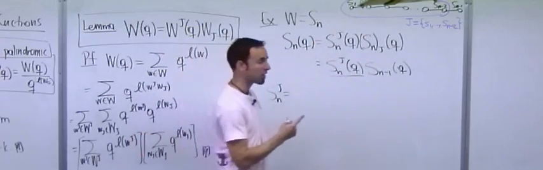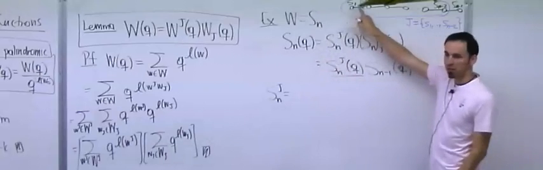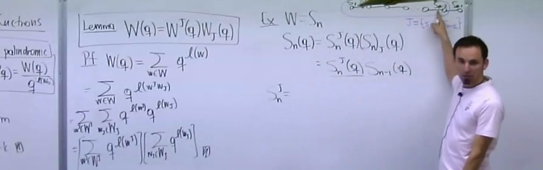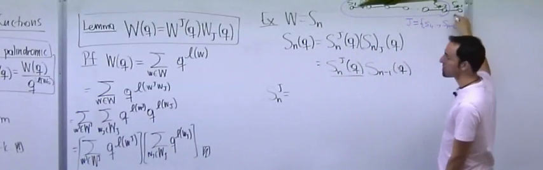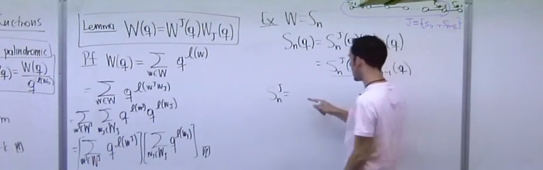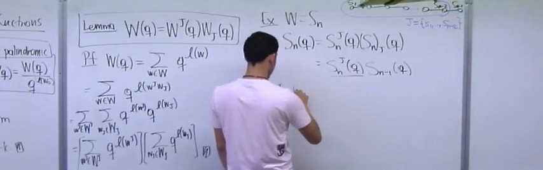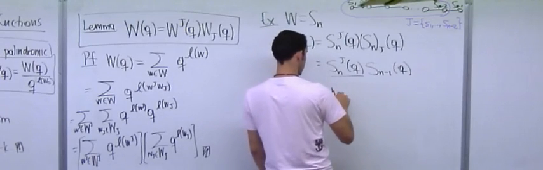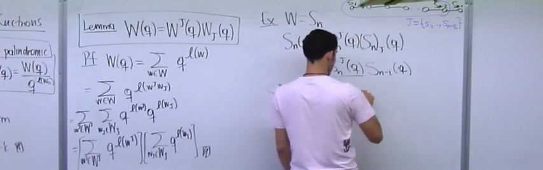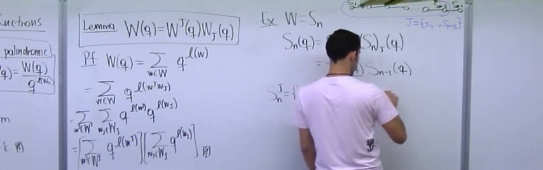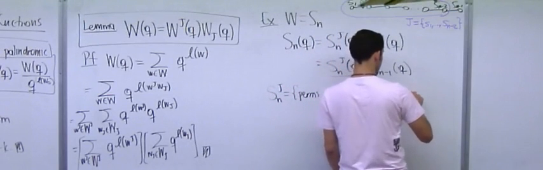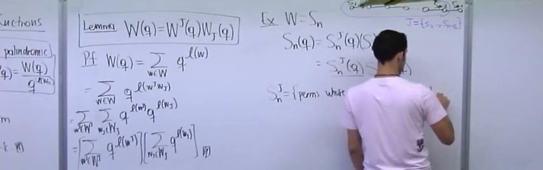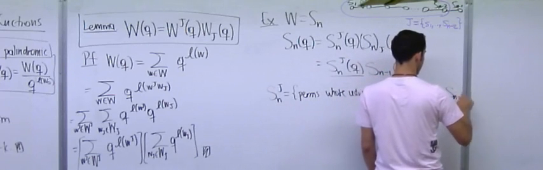So if no reduced expression can end in S1 and S2 up to Sn minus 2, that means that the reduced expression must end in Sn minus 1. And so these are the permutations whose reduced words must end in Sn minus 1.